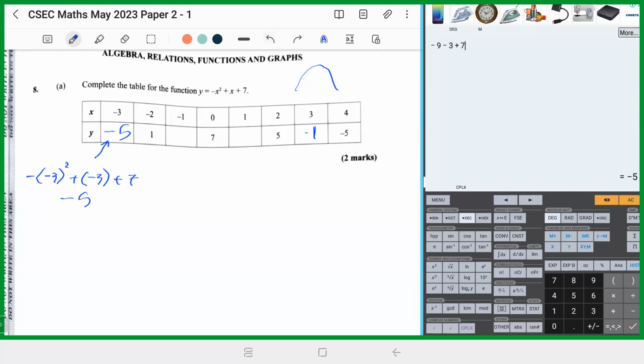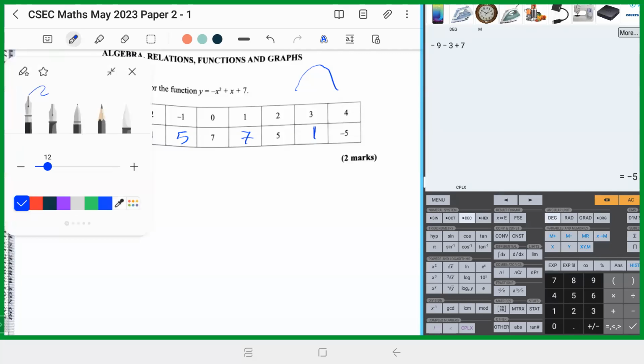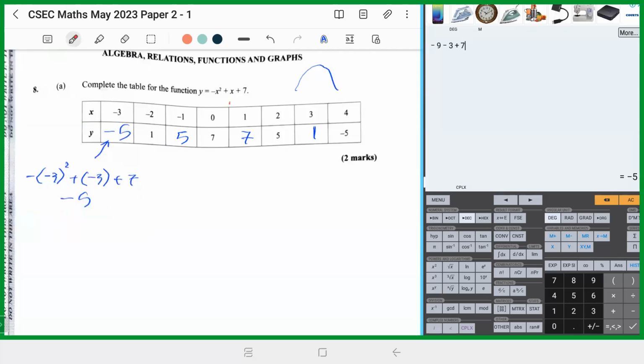I go from 1 this way, so it's going to be a 5 right there, and this is therefore going to be a 7. The values are symmetrical, and my line of symmetry is in between here. The values are symmetrical this way and that way from there.